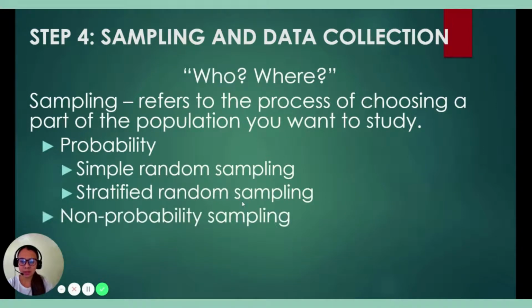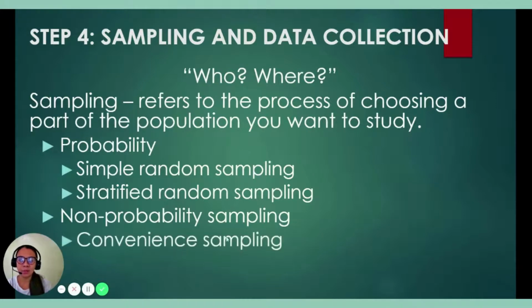Now, the second one, which is non-probability sampling, doesn't have the characteristic of giving an equal chance to all the members of the population. Also, it doesn't use statistical methods to choose the samples. One method of non-probability sampling is convenience sampling.